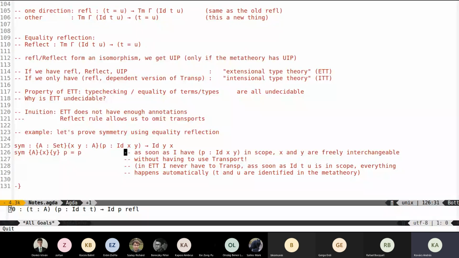If you want to write an algorithm which works naively or by brute force, it will be a very crappy algorithm because equality reflection gives us no hints. I'm contrasting this to, for example, cubical or setoid type theory, where transports can disappear in many cases, and the whole system gives us a lot of relevant information about how transports are computed away. But equality reflection gives us no clue whatsoever.